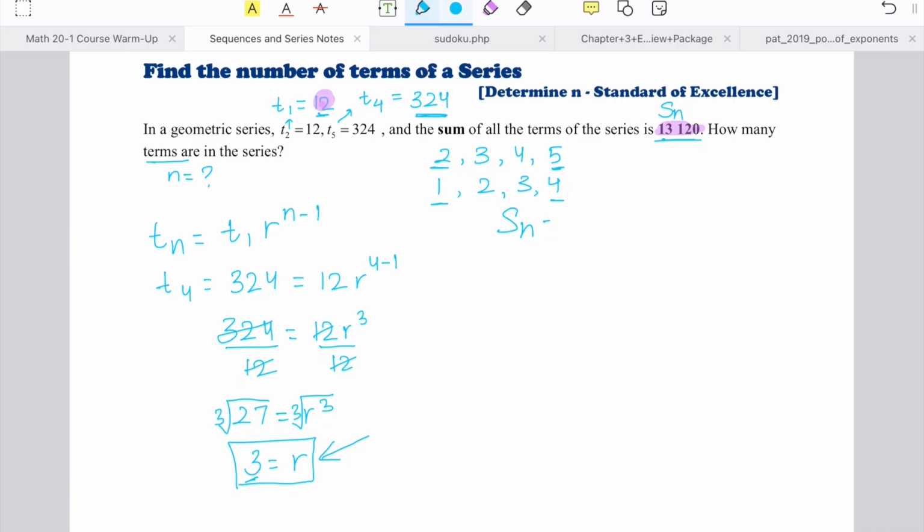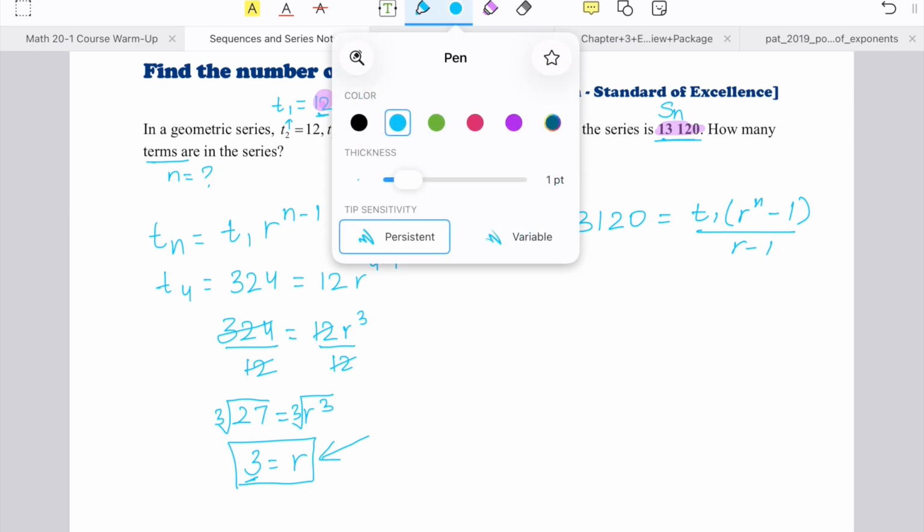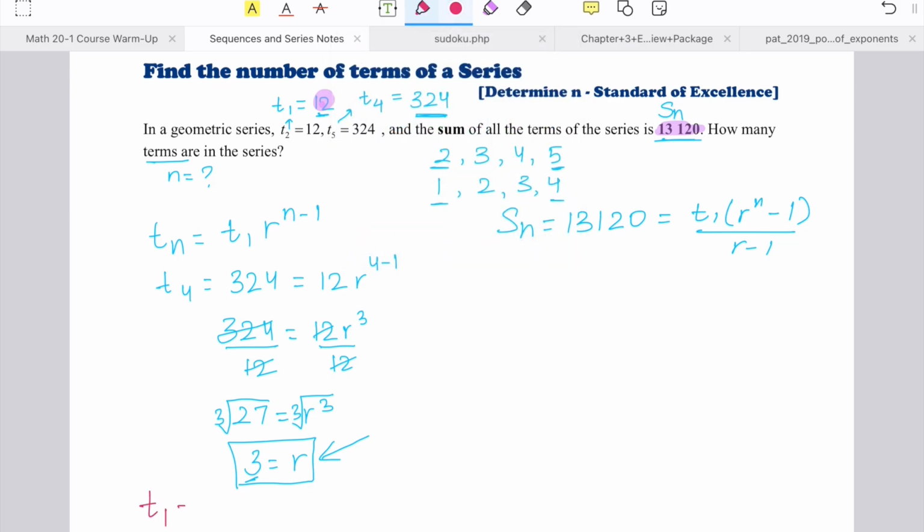To figure out the sum, which is 13,120, it'll be equal to the formula T1 times r to the n minus 1 over r minus 1. Now, we need to find what T1 is. T1 is just going to be 12 divided by 3, which is 4, because we are going back, right?